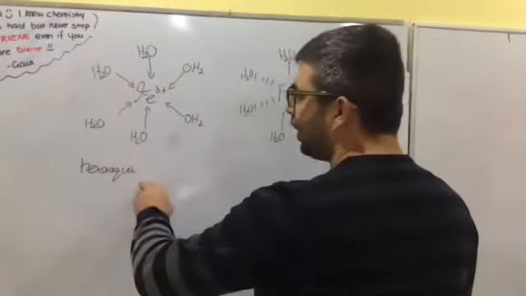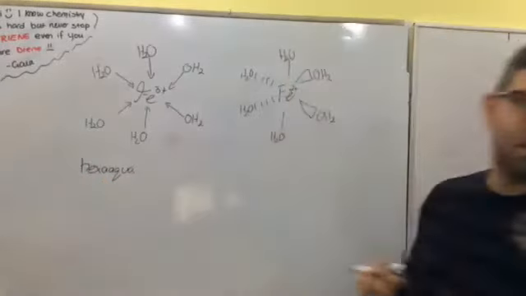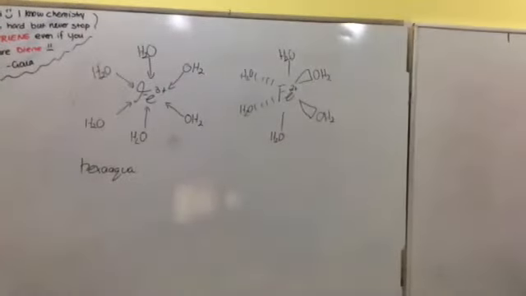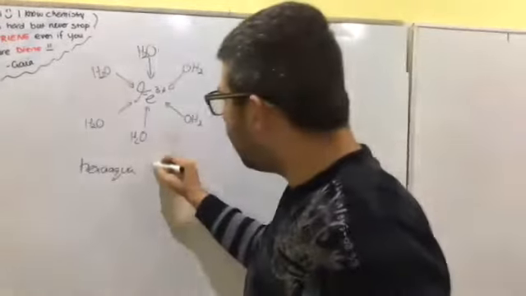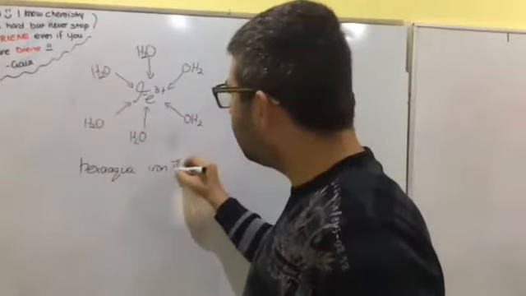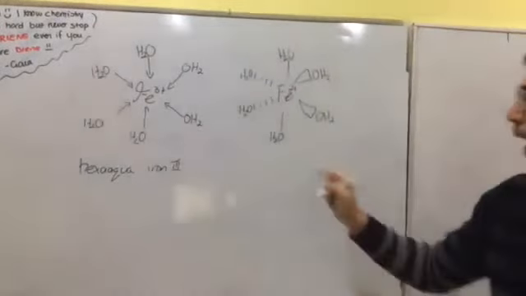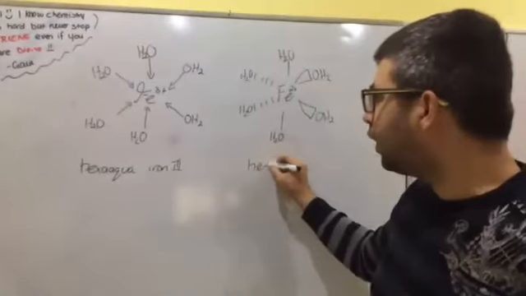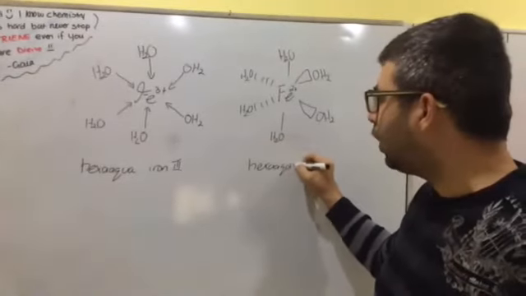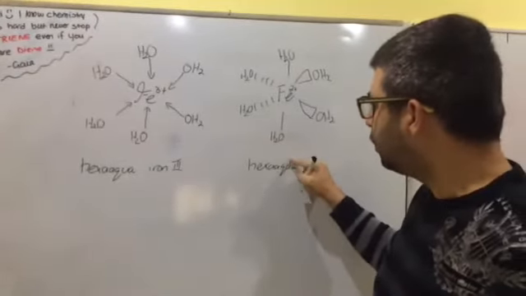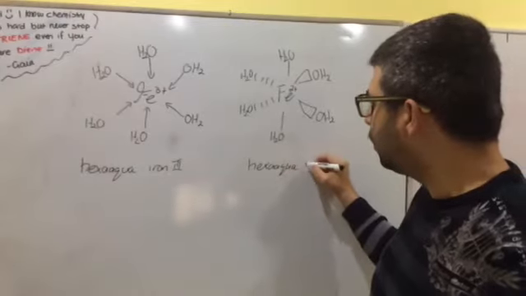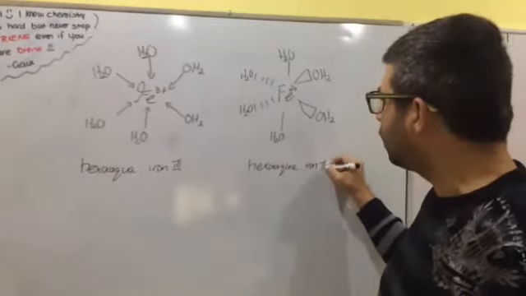Okay, start by writing the name of the ligands. So it's hexa, meaning 6, aqua, meaning water. Iron 3. And this would be hexa, aqua, iron 2.